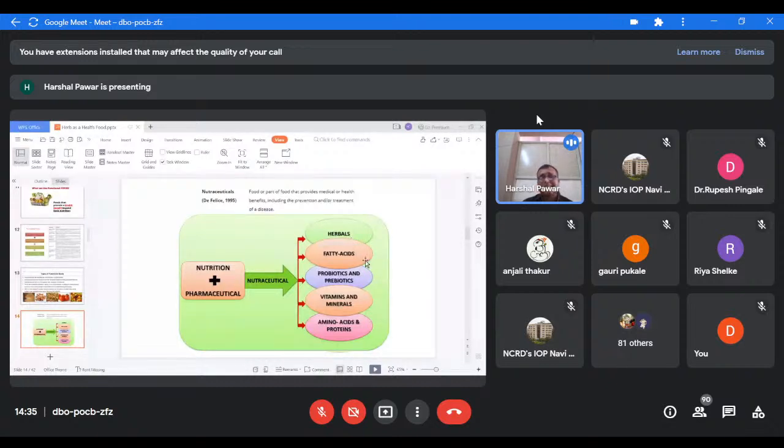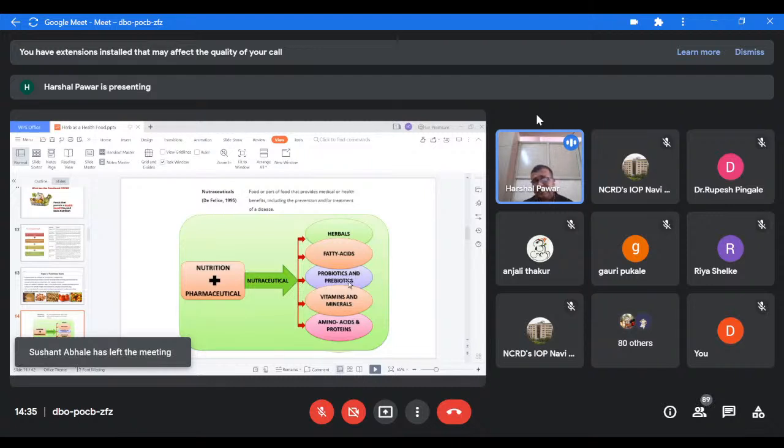Then fatty acids are there, which are also forming part of some of the nutraceutical preparations or formulations. Sometimes these nutraceuticals are also containing probiotics and prebiotics. I hope you must be knowing these terms, probiotics and prebiotics. Right? So probiotics, especially, are the living microorganisms, right?